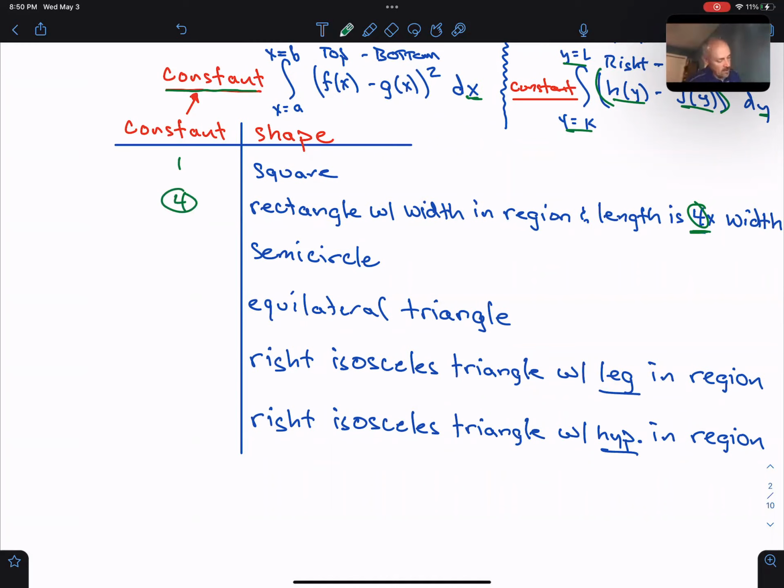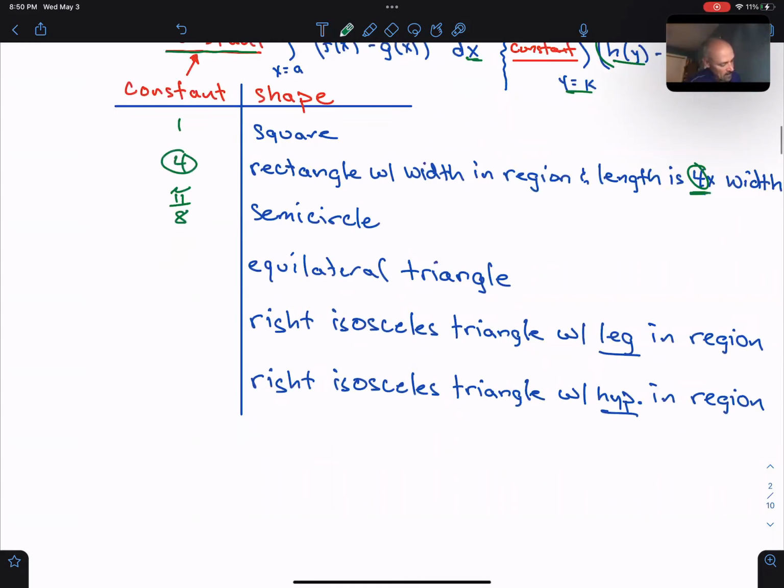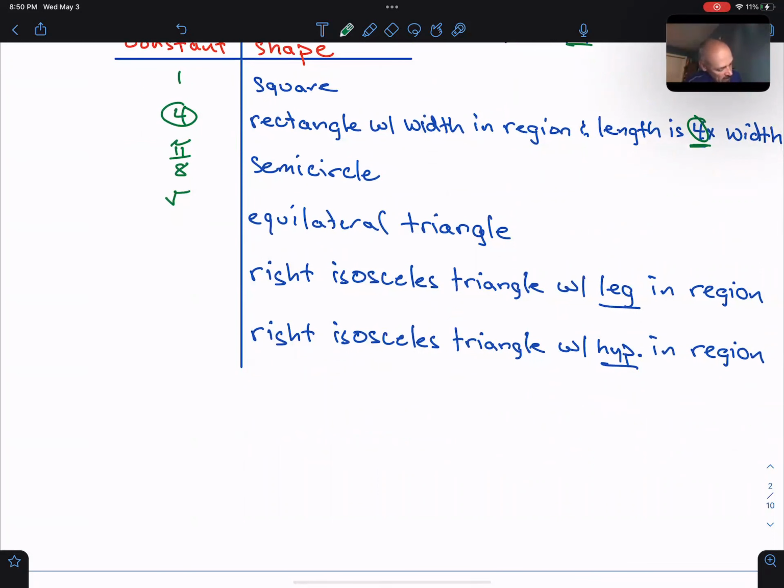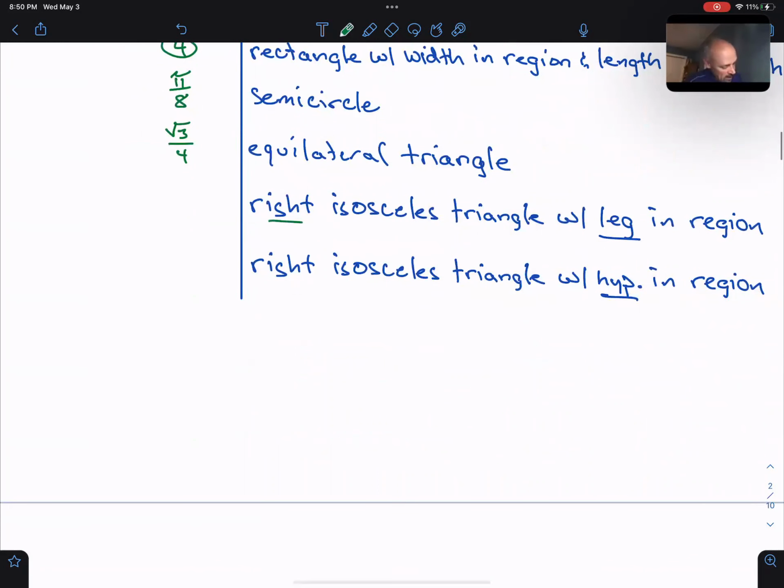If the cross section is a semicircle, the constant is pi over 8. If it's an equilateral triangle, it is root 3 over 4. If it is a right isosceles triangle, they're going to need to tell you whether it is the leg or the hypotenuse in the region.